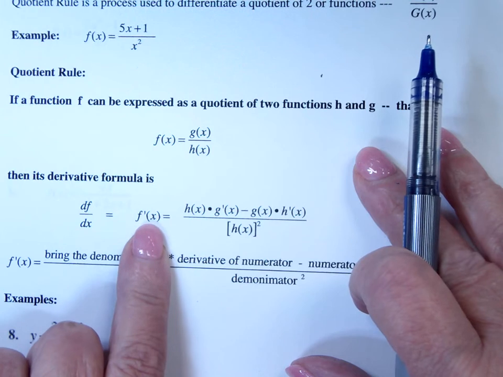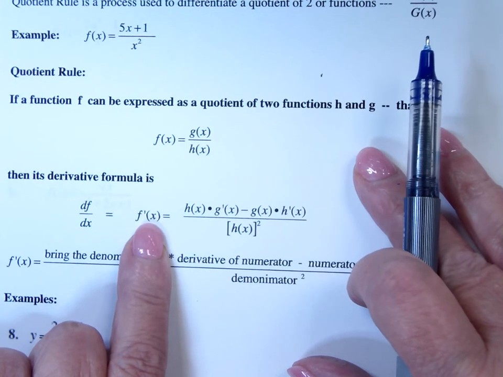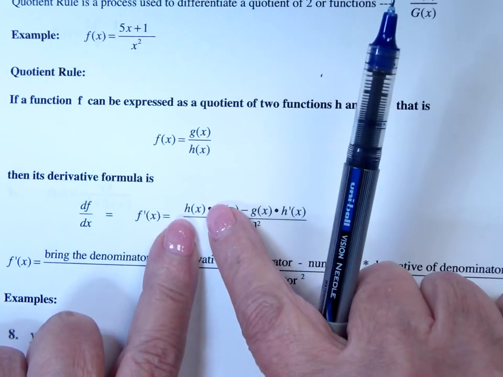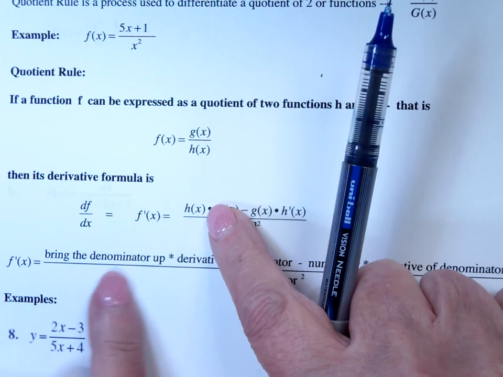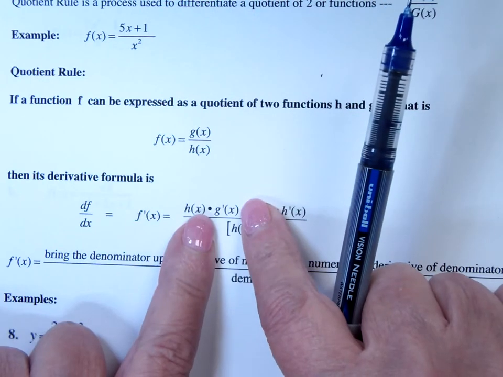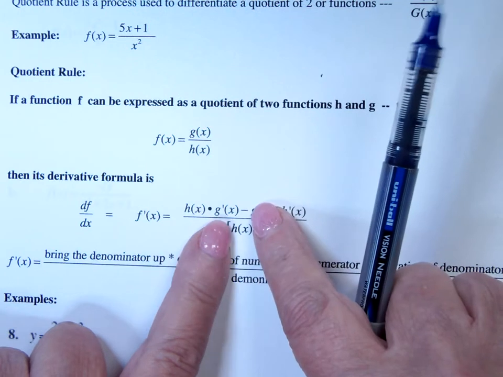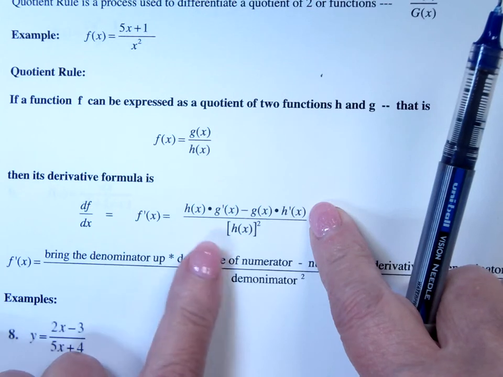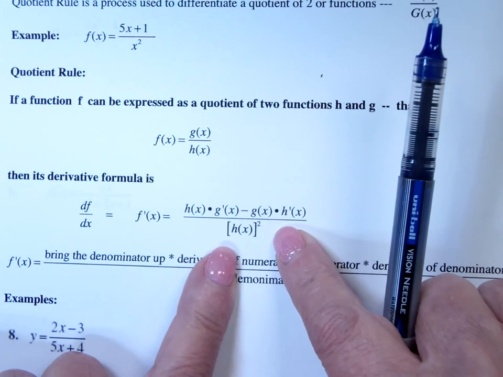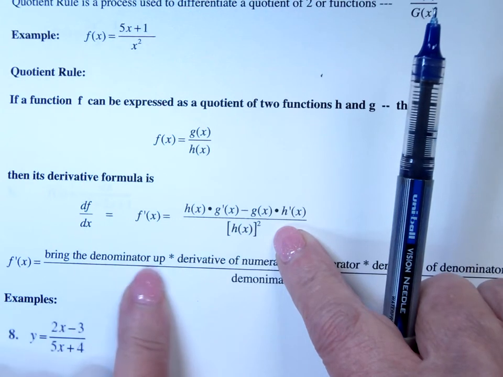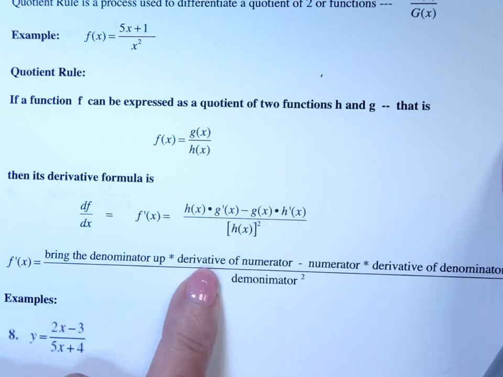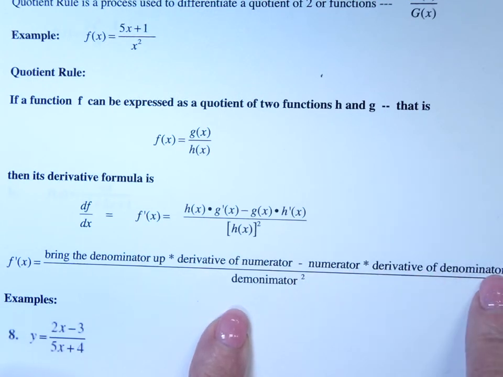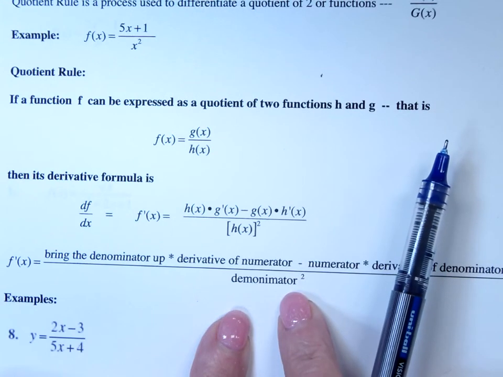It reminds you a lot of product rule. f prime is h of x, that's the denominator, times g prime, the derivative of the numerator, minus g, the numerator, times the derivative of the denominator, all over the denominator squared.